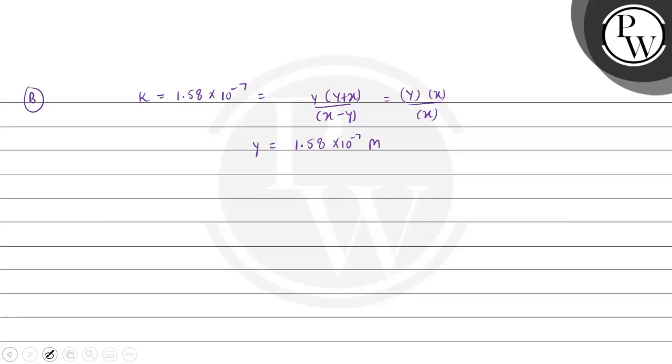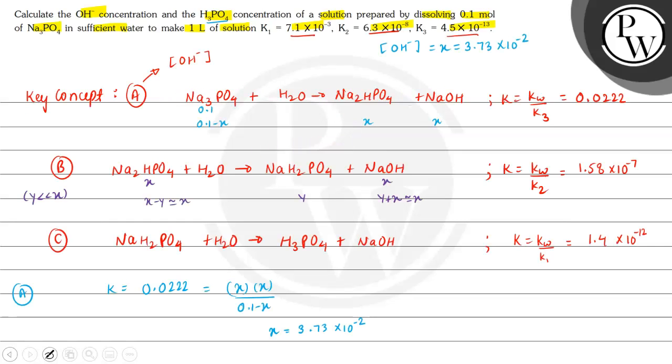Now, moving to the C part in this case. NaH2PO4 is Y, and NaOH is Y plus X, which is approximately equal to X. So here it is X in this case. After some time, H3PO4 is formed as Z. So NaOH will be Z plus X, and NaH2PO4 will be Y minus Z in this case.